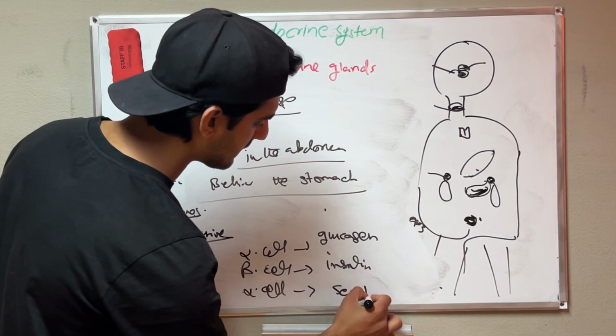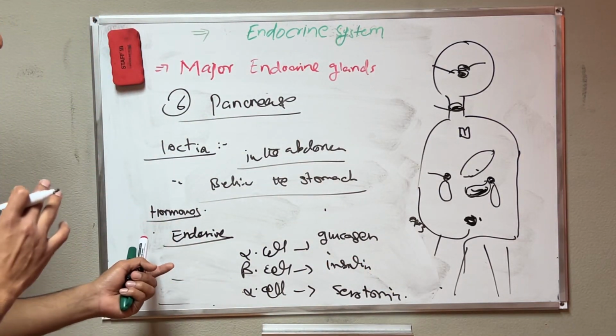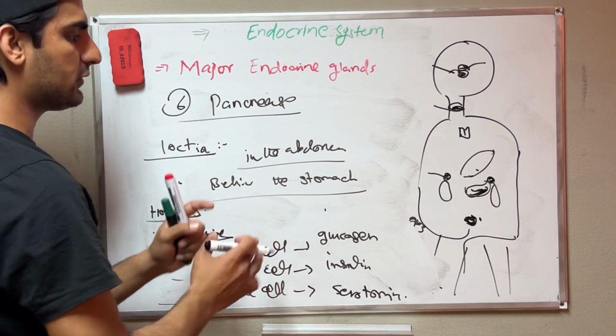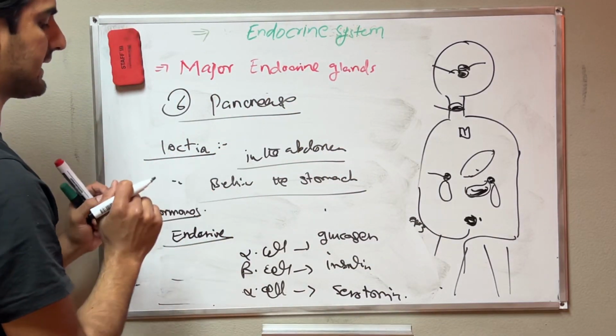Somatostatin. They produce these hormones to regulate the blood sugar level. This is about the pancreas.